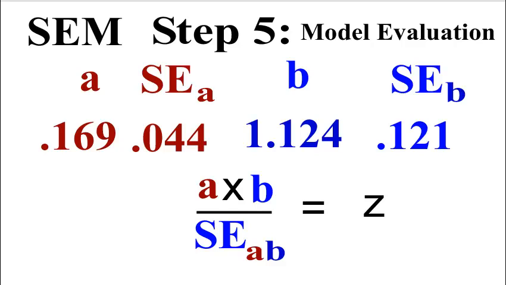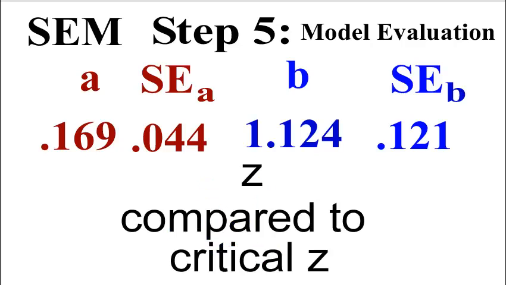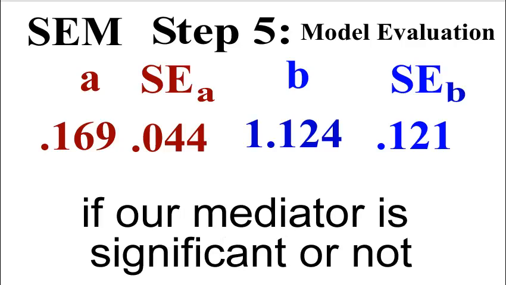That's a standardized score. We're going to compare the calculated z-score to a critical z, just like in beginning statistics. This z-score will indicate whether our mediator is significant or not.